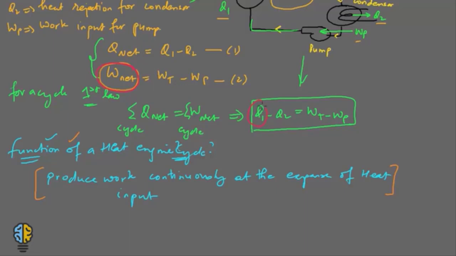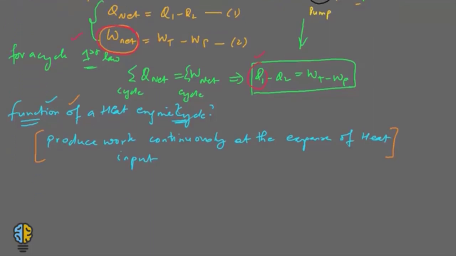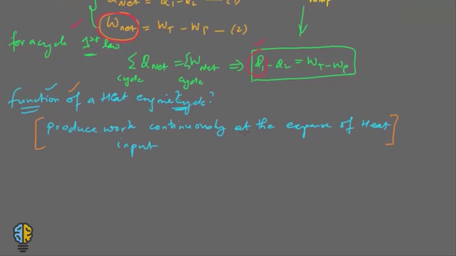These two things are of primary interest to us in this cyclic heat engine, because the ratio of the net work output upon the heat input gives us the efficiency of the heat engine or the heat engine cycle.